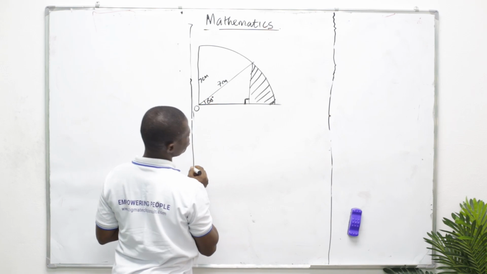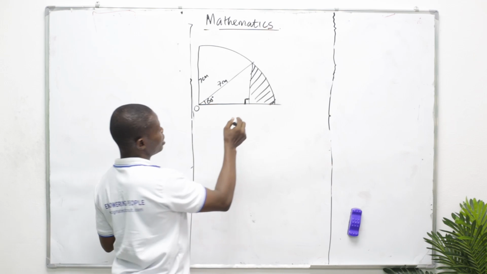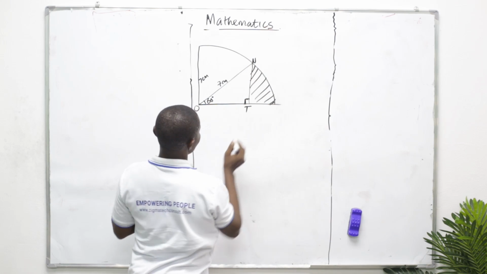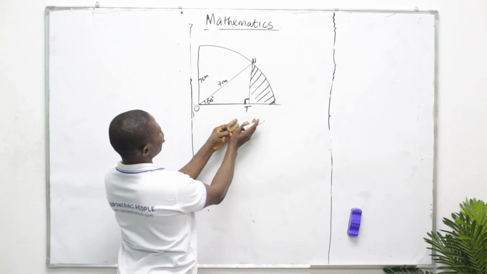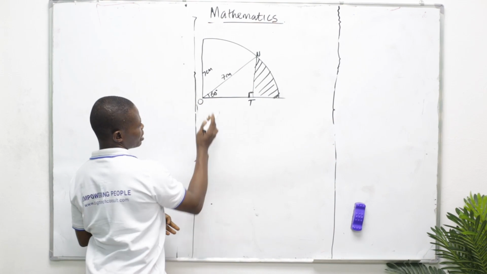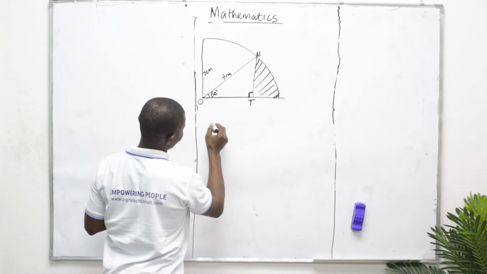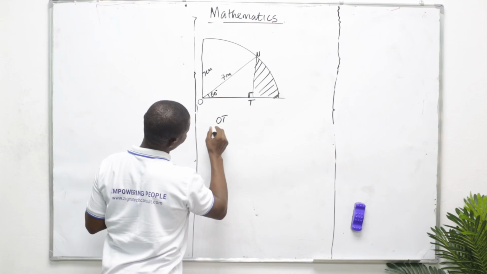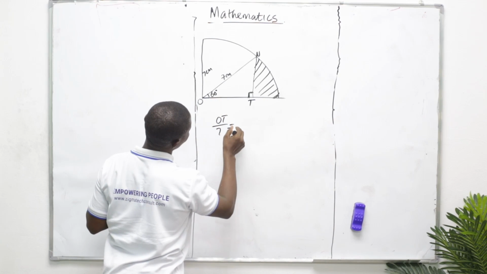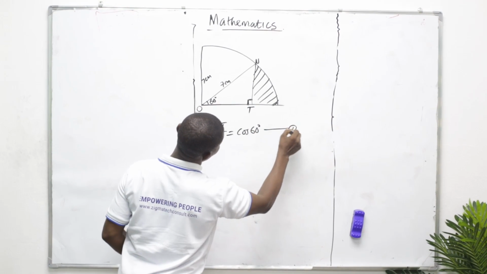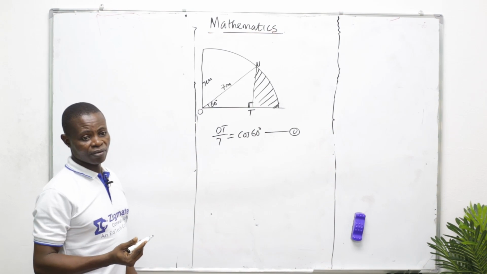You were told that here is 60 degrees. Good. If here is O and here is T, simply means that if I say OT all over 7, that is adjacent all over hypotenuse, OT all over 7 equals cos 60 degrees. I call it equation 1. It's my choice.